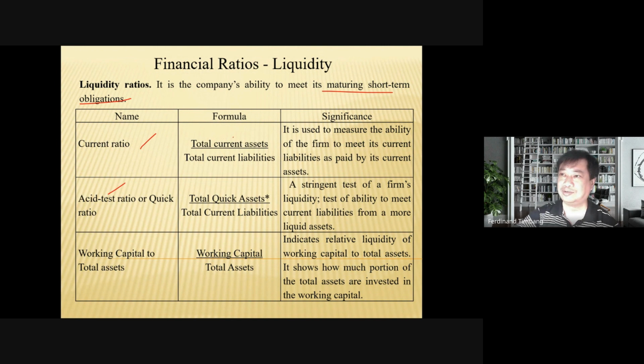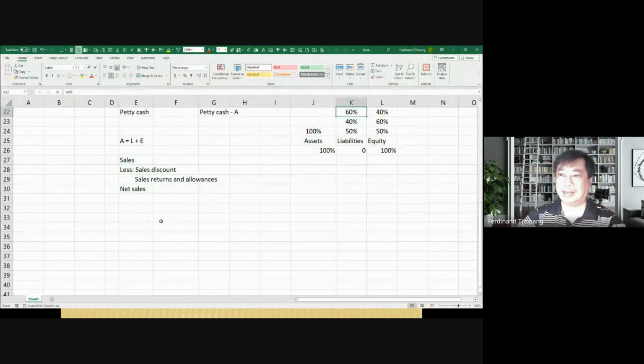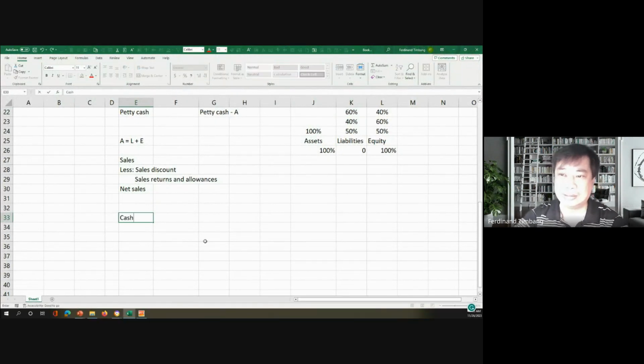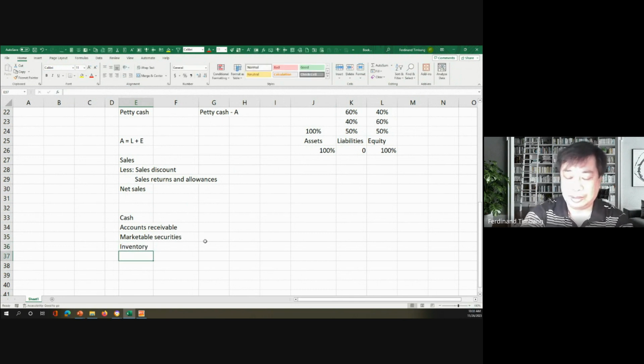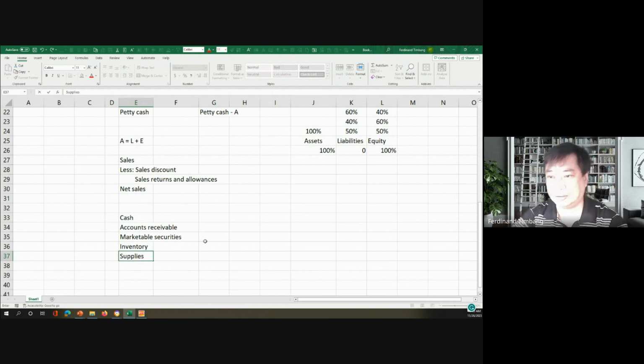Kasi current assets natin, just to summarize lang, ang part ng current ratio, cash, tapos meron tayong accounts receivable, then we have the marketable securities, inventory, then we have supplies. So yun ang others, no? Others na lang lagyan natin.